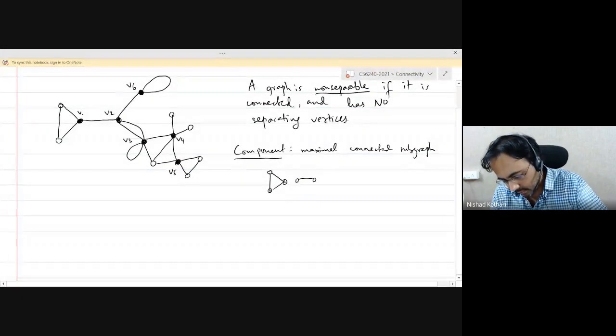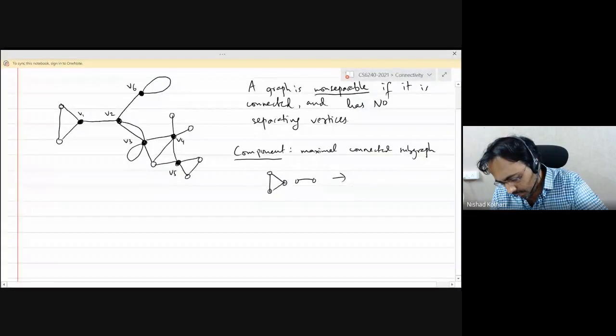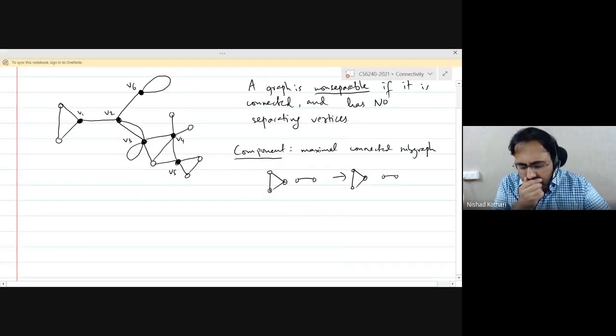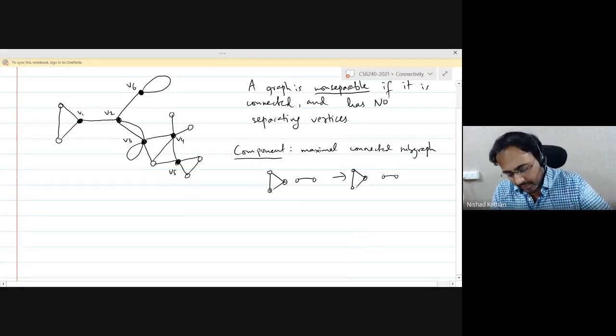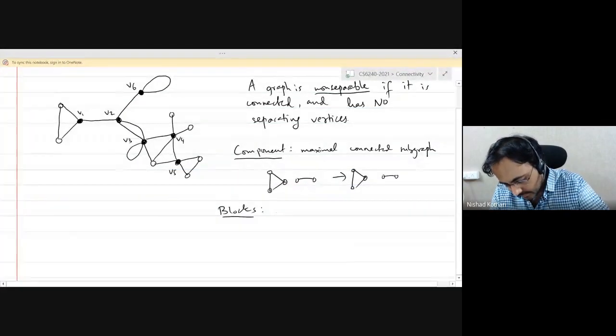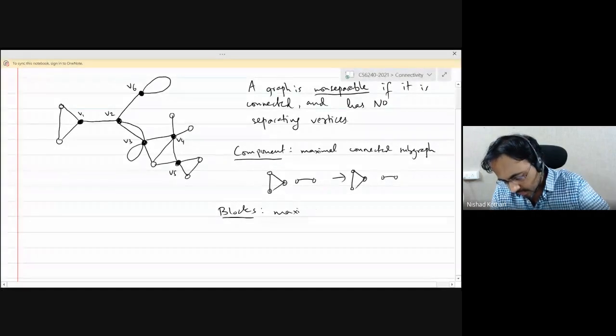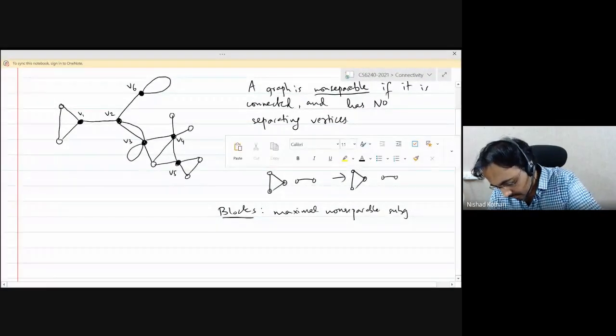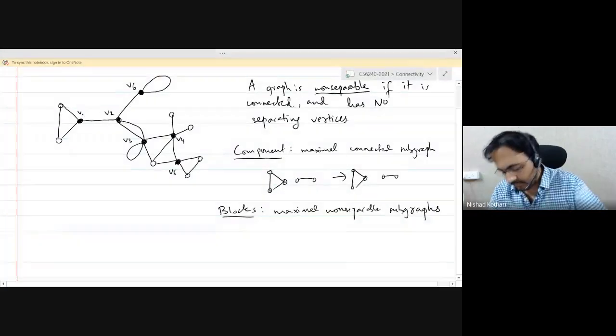This is one component, and this is another component. In a similar spirit, blocks are nothing but maximal non-separable subgraphs.